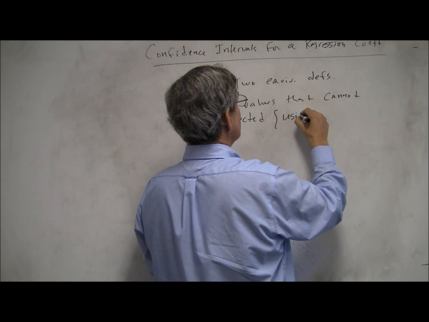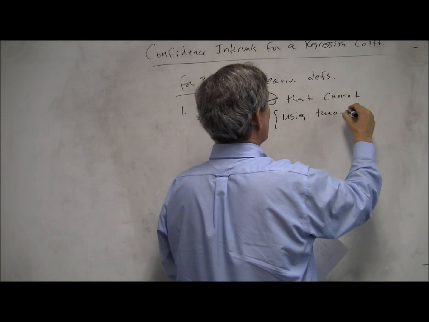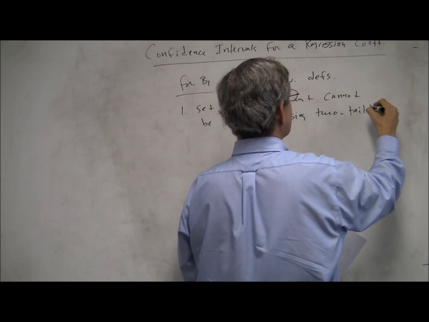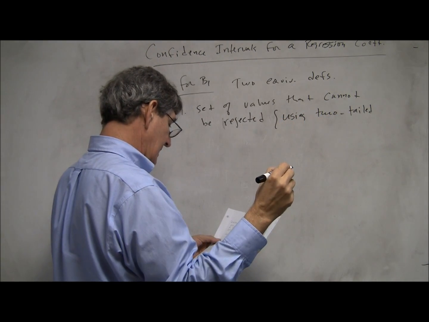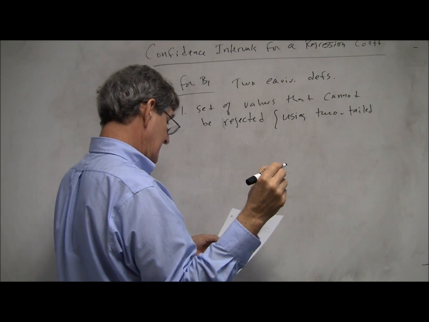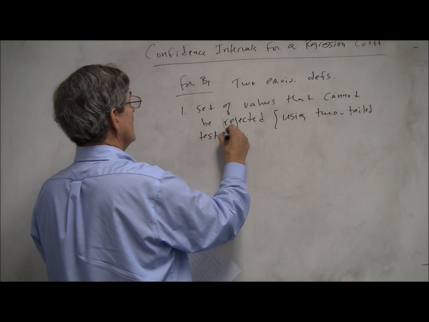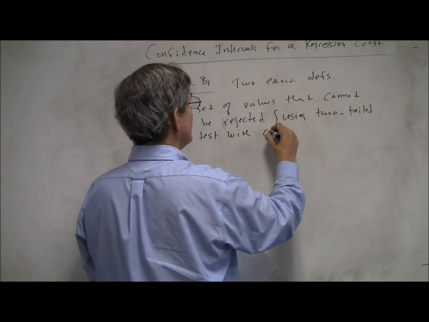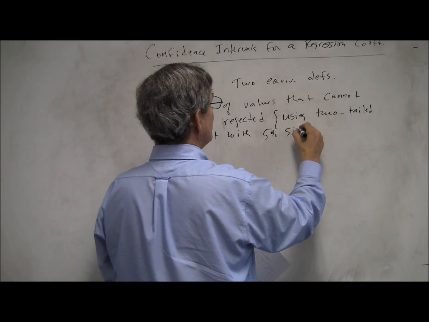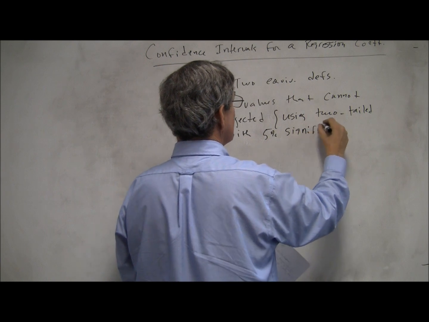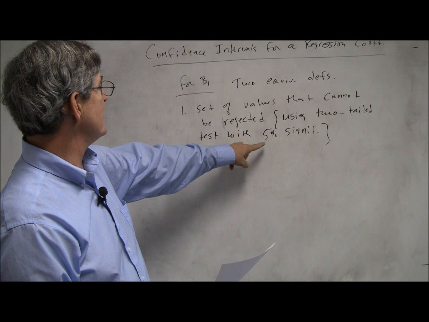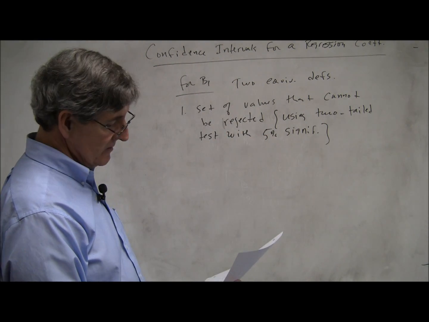You can do one-sided confidence intervals, but you almost never do. Using a two-tailed test with usually 5% significance. You could change this. Sometimes people use 1% or 10%, but 5% is by far the most general, and it's what the book uses almost exclusively.